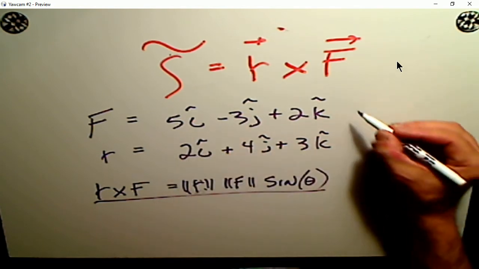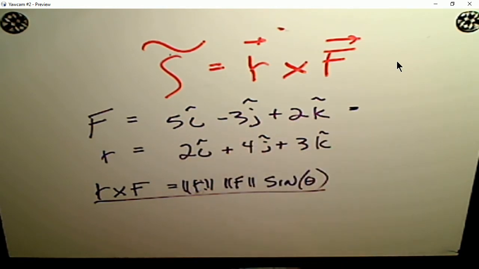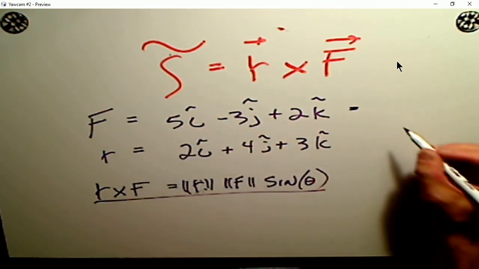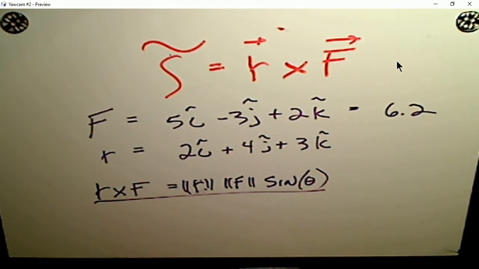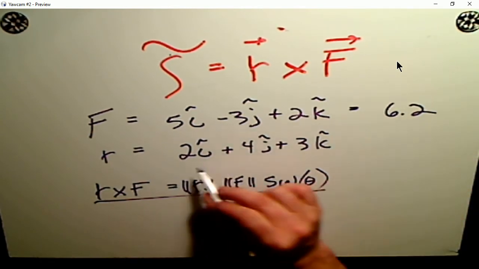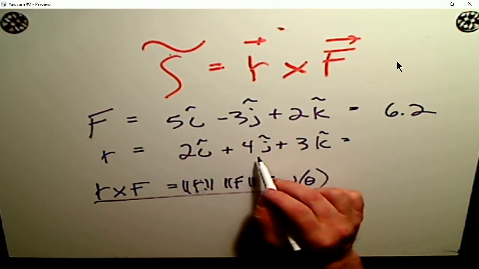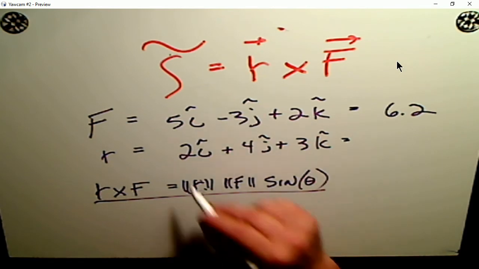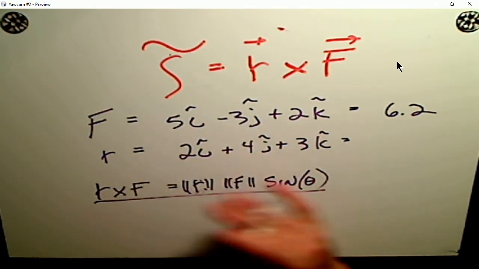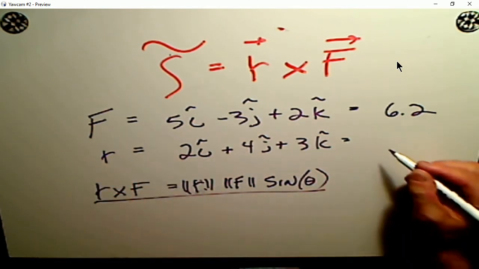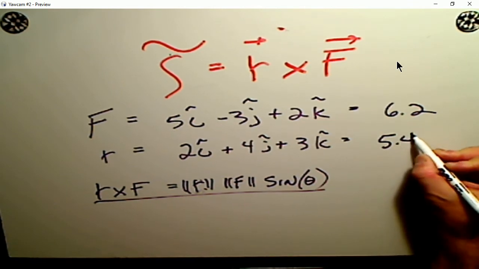So how do I get the absolute value? I take each of these and square them and take the square root. If you do that, you're going to get something like 6.2 for that. And if you do the same for this, 2 squared plus 4 squared plus 3 squared and take the square root, using Pythagorean theorem to get the magnitude of R, you're going to get 5.4.